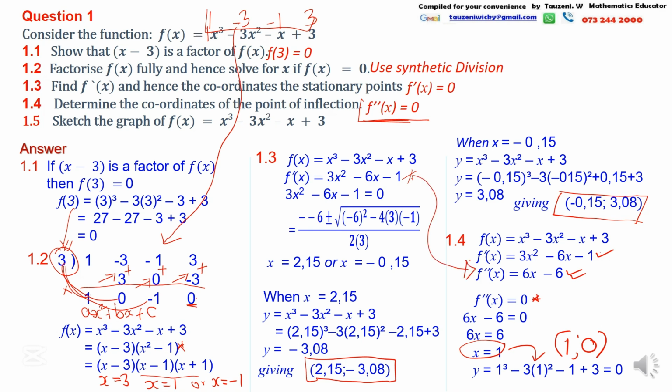Then equate the second derivative to 0 to determine the values of x. So the point of inflection, you differentiate 2 times and equate the second derivative to 0. That is what we do. So this question has got these concepts that we have explained. The next thing that we need to do here is to sketch the graph of this function.